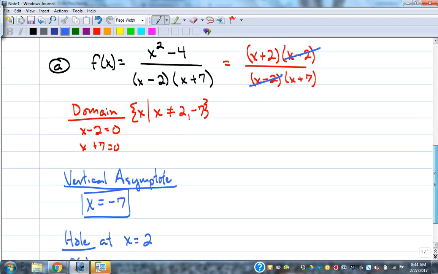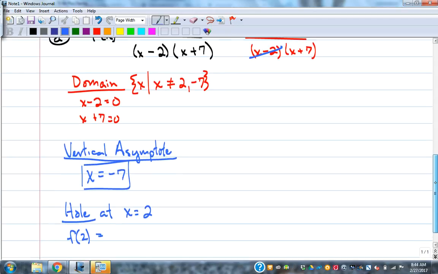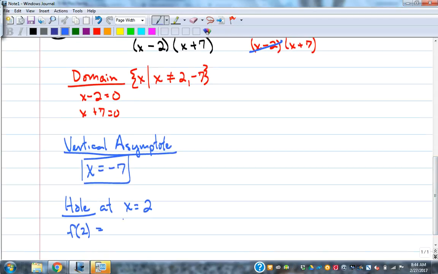I could use the original form or the simplified form. I'm going to use the simplified form because it's easier. 2 plus 2 over 2 plus 7, 4 over 9. So there's a hole at x equals 2, which turns into the ordered pair 2, 4 over 9.